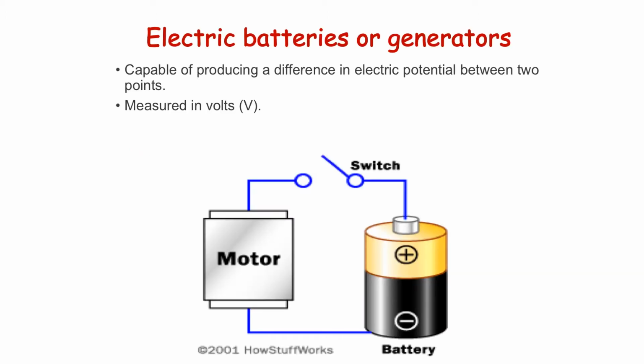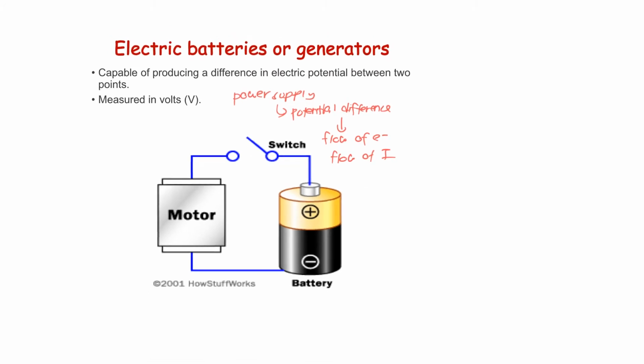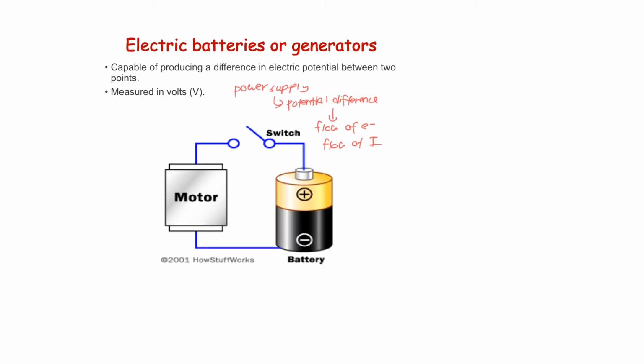As you can see, an electric battery, or a power supply, is one of the sources of potential difference. When you have a potential difference, definitely you are going to have a flow of electron, or a flow of current. I'm going to give you the simplest example to represent the effect of potential difference on the current.